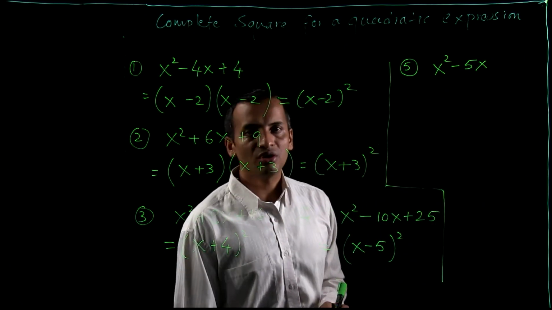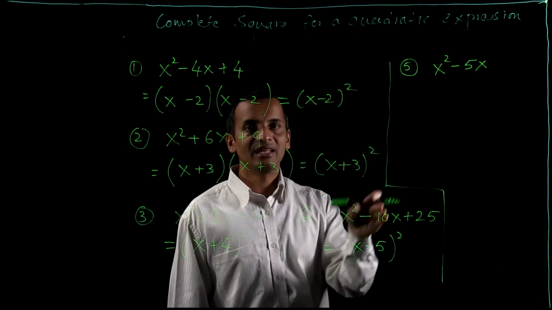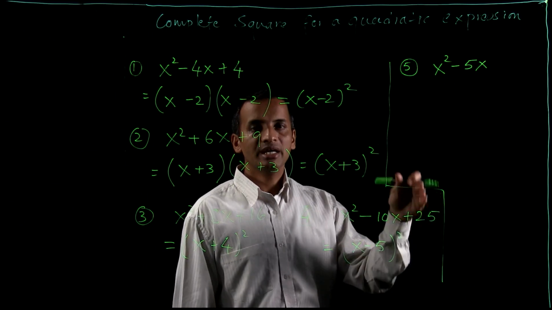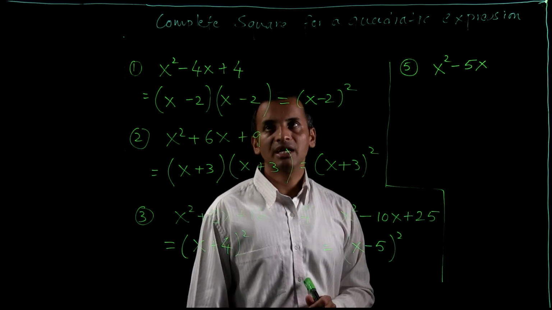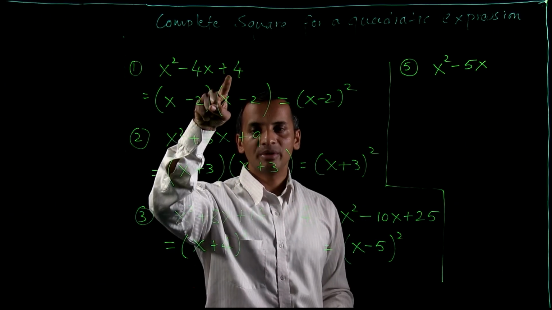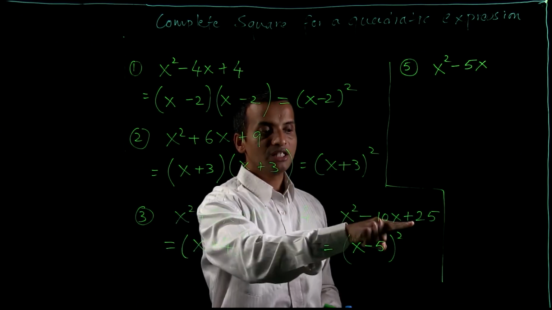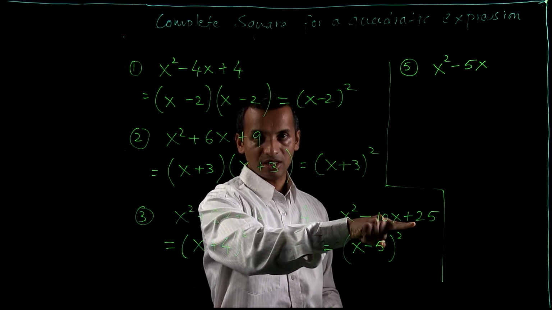In that case, you can add and subtract a constant term so that the third term is the square of half of the coefficient of x. In all of these examples, the constant term is positive. You need a positive constant term.